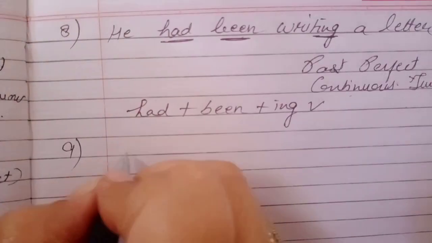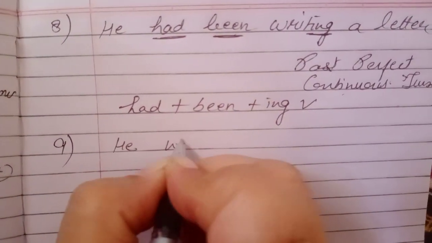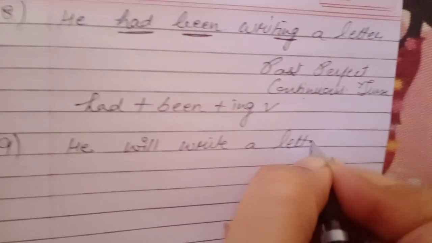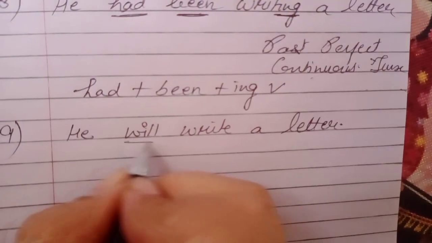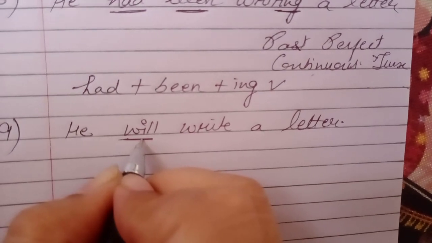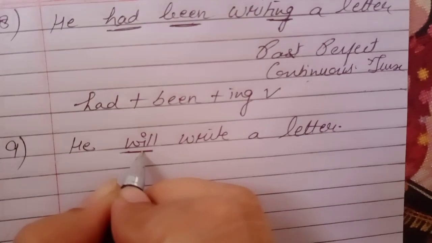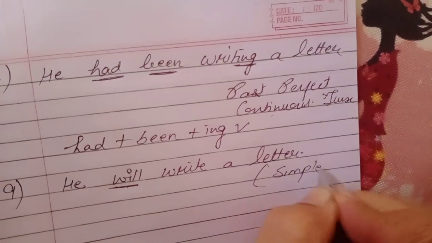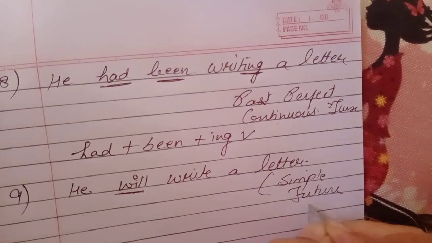Now next, he will write a letter. Again students, will or shall. Whenever will or shall is there in a sentence, it indicates that it is simple future tense.